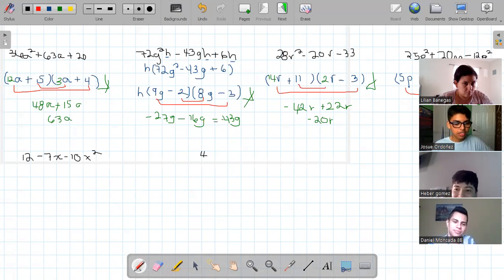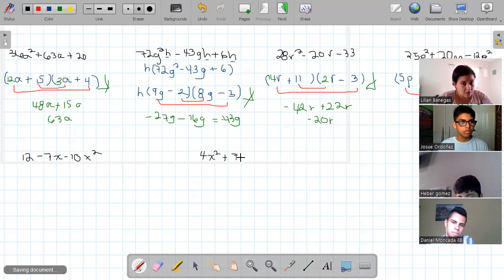The x squared is at the end. Ah, the variable that is squared is the last term of the trinomial, but it is negative, meaning that I cannot rewrite it, because if I rewrite it, I'm going to have negative 10x squared minus 7x plus 12. So I can actually work with that, but my first term is going to be negative.